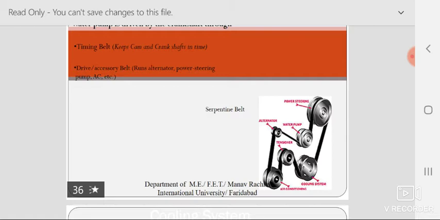Then comes tensioner. Tensioner gives tension to the belt, so the belt doesn't become loose. It keeps the belt tightly fit into the grooves of the wheels. Then comes the cooling system. That is the radiator. In the cooling system, what are the rotatory parts?